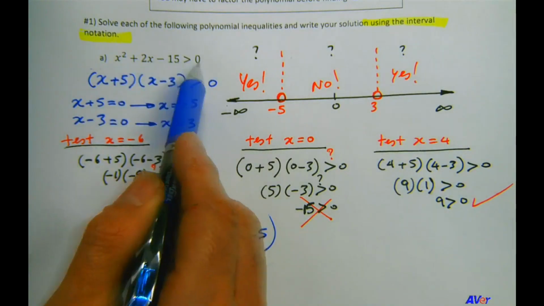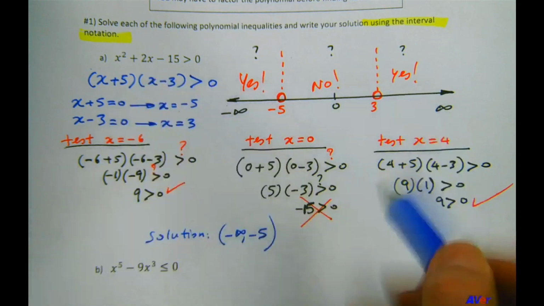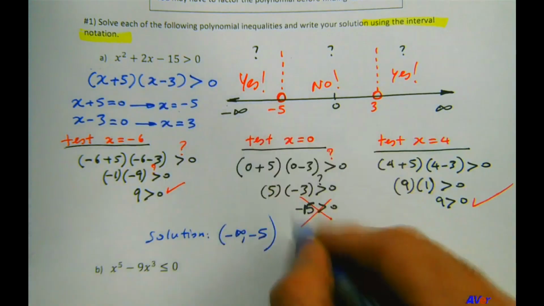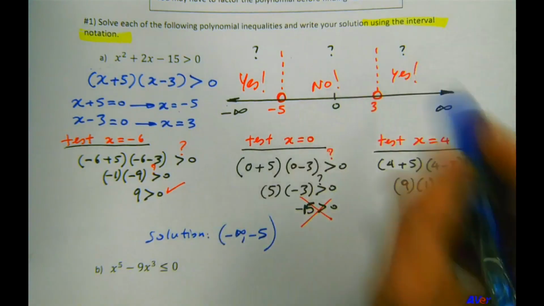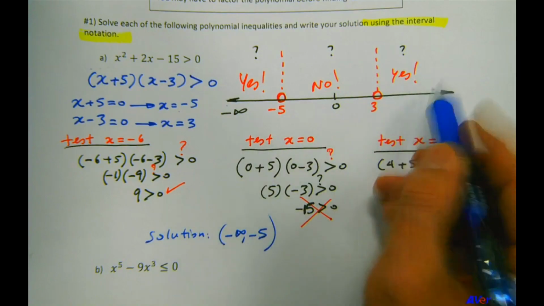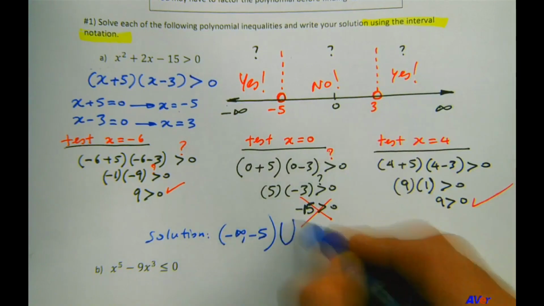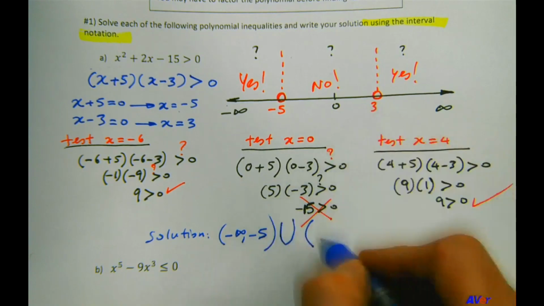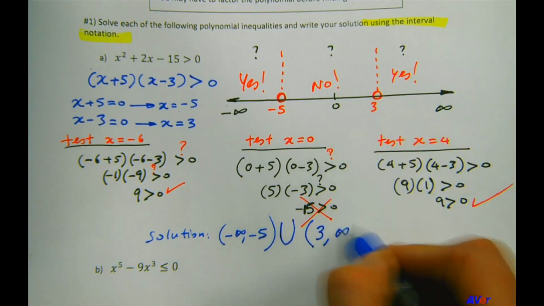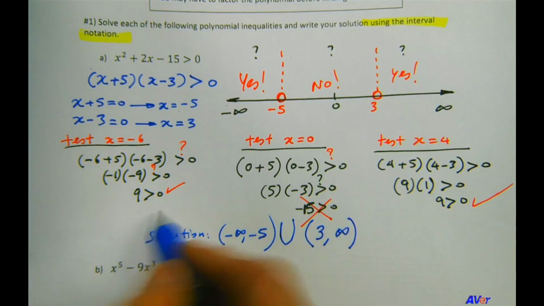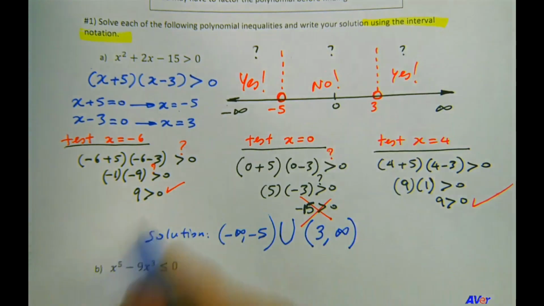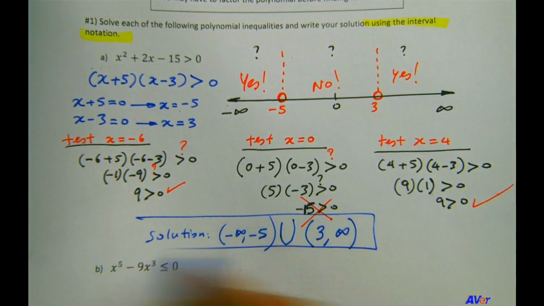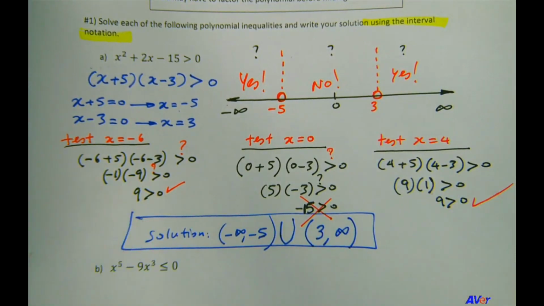It can be greater than 0. Okay? So that's one. And in the middle we have no solution, but on the far right side we do. So union, parenthesis, right? 3 is not part of the solution. Parenthesis 3 comma infinity, parenthesis. So there we have our solution region for that polynomial inequality.